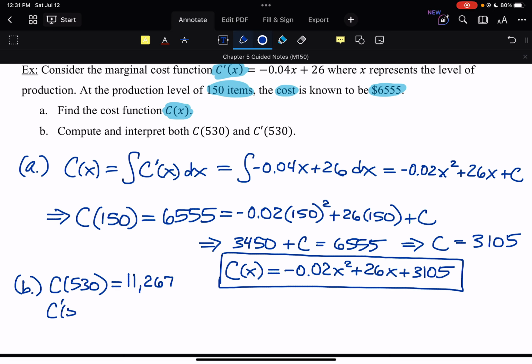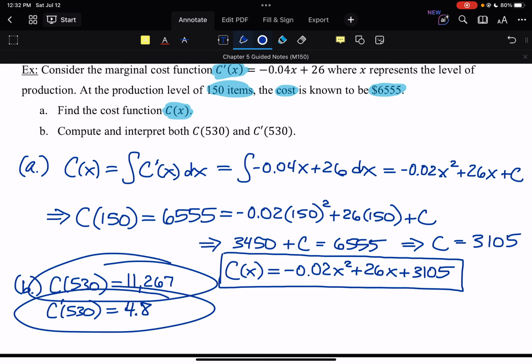And then for C prime of 530, we plug back into the derivative up here. That gives us 4.8. So this formula gives us cost, and this formula gives us marginal cost.